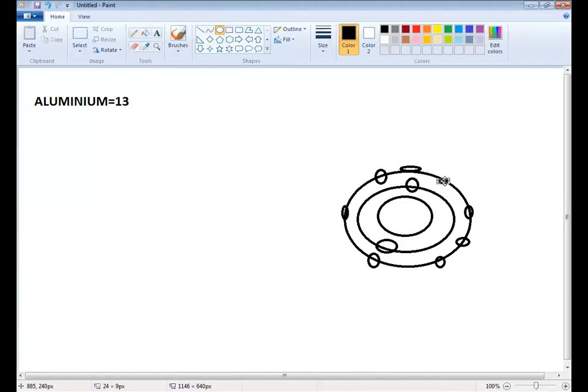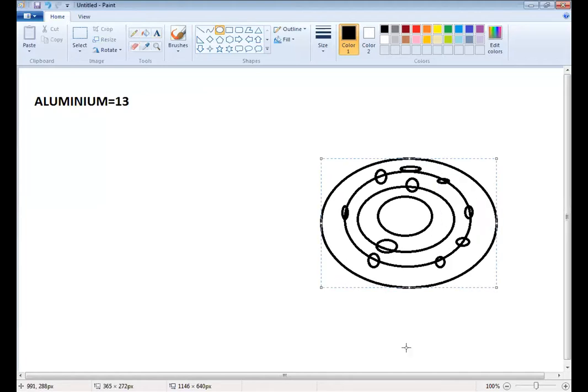Is it clear? Now 2 and 8, 10, and then another shell is formed, which is called the M shell. In the M shell, 3 electrons are present. So 13 electrons are present.